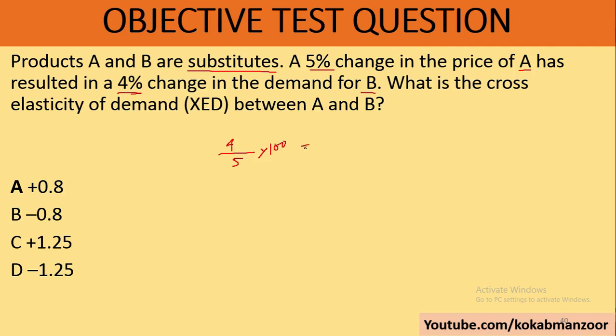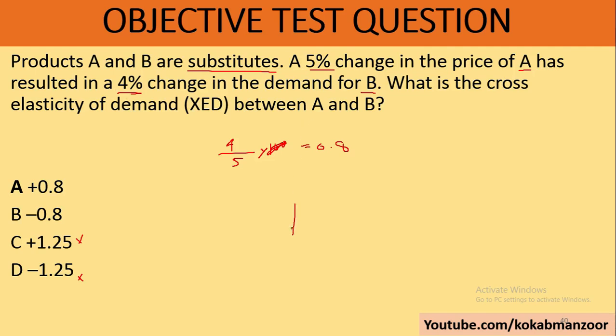If you multiply it by 100, you will get the answer in percentage. If you do not, since the answers here are not given in percentages, it's simple 0.8, right? Now the question is, these two options are gone. Now the question is, it is plus 0.8 or minus. Now how?